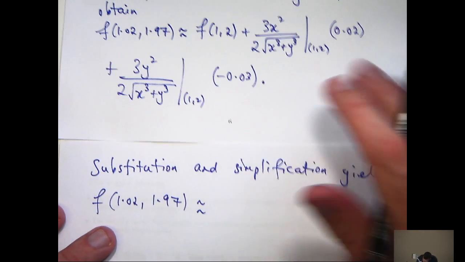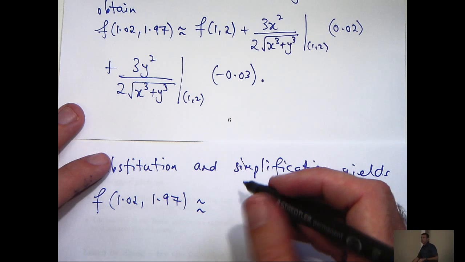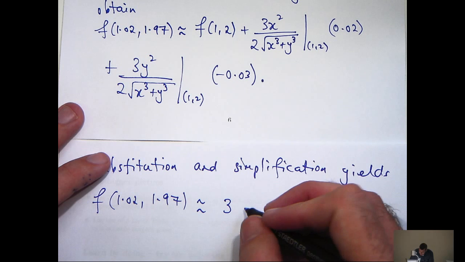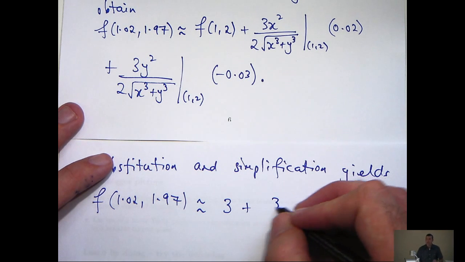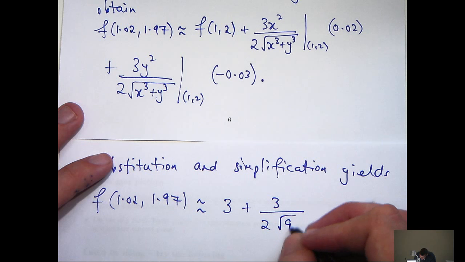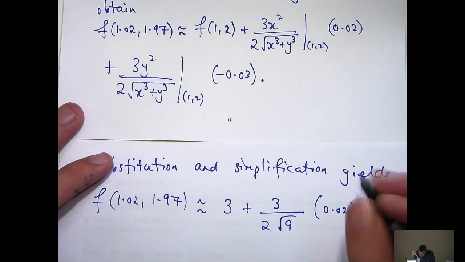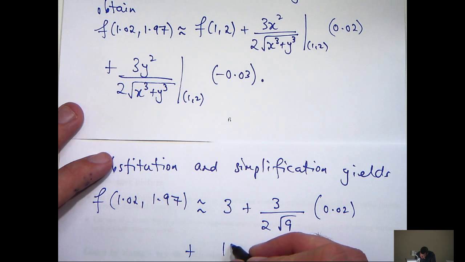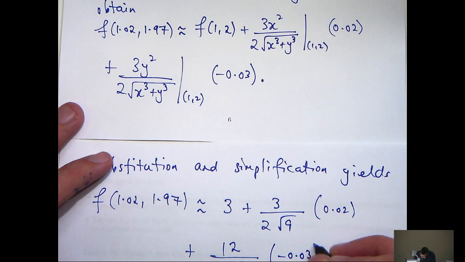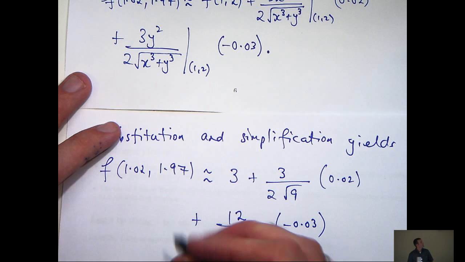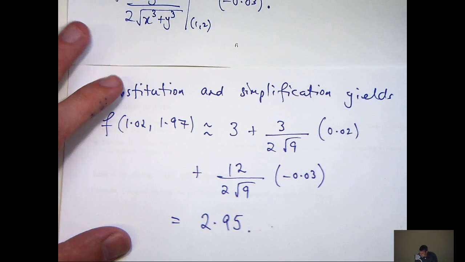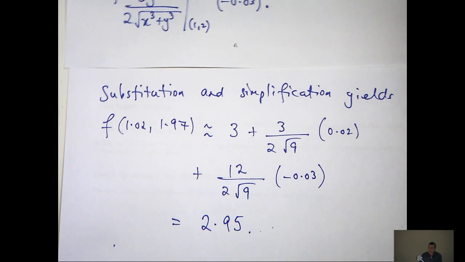This first term is going to be the square root of 9, which is just 3. Over here we substitute in and we're going to get 3 on the top and 2 times root 9 down the bottom times 0.02, and over here we're going to get something like this. Now just simplifying all of this, you'll get 2.95. So let's test to see if we're fairly accurate here.